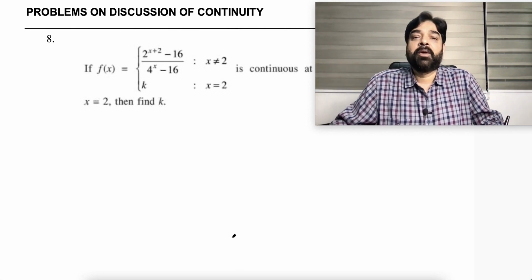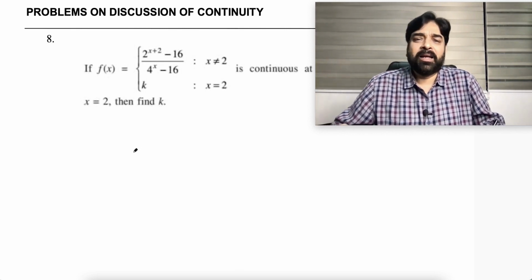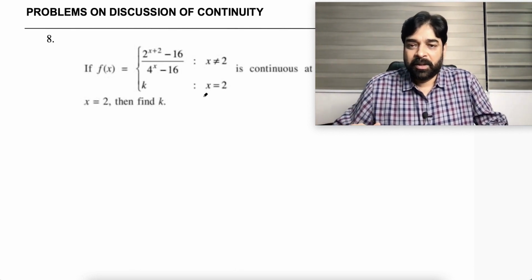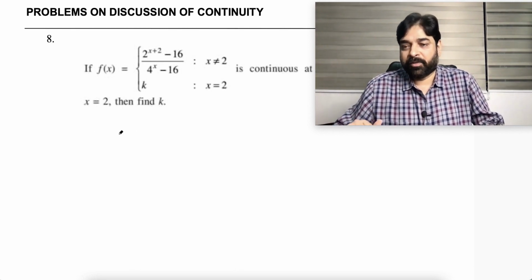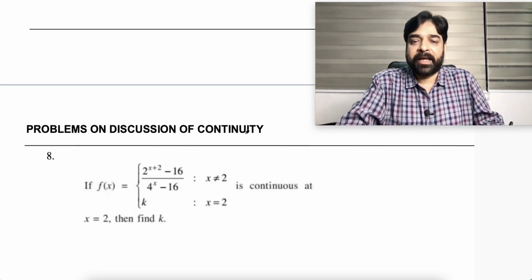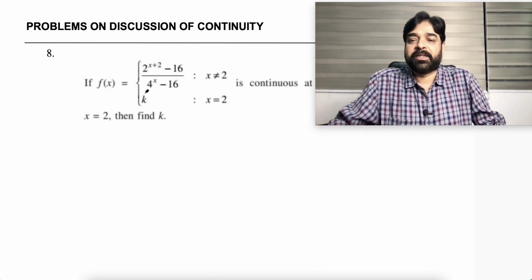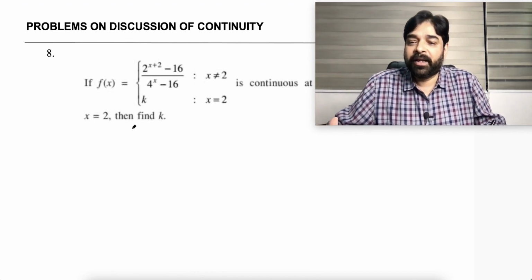This question, what to do? Let's see. It's a simple question, I'm doing it for you. x not equal to 4. They are saying it's continuous at x equal to 2. This function is continuous at x equal to 2. Find the k.